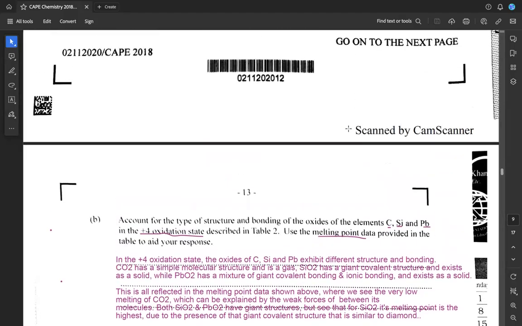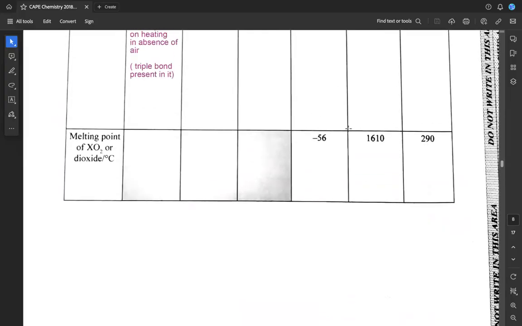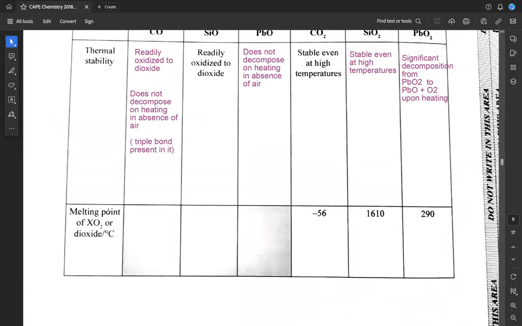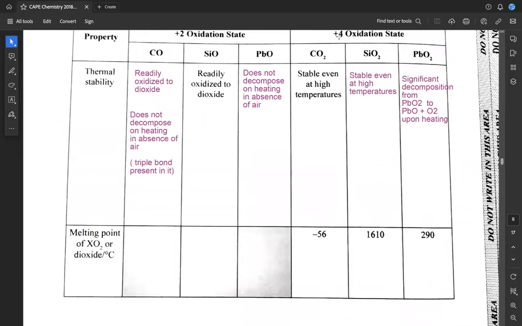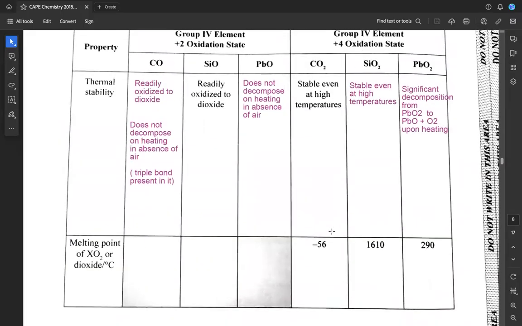So let's scroll back up to the table for a little bit, where they have the melting point of the dioxides, which are the +4 oxidation states, right? So we see here this trend: low melting point for carbon dioxide. We said it's a gas, right, at room temperature. We see a very high melting point for the silicon dioxide, and then we see an intermediate melting point for the PbO2 or the lead 4 oxide, right?